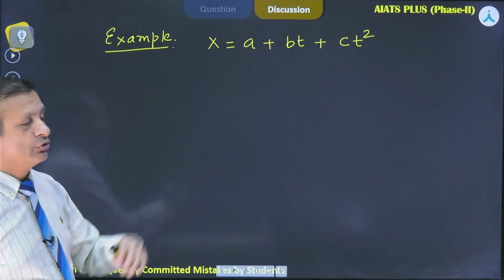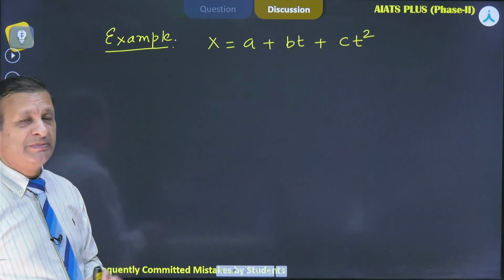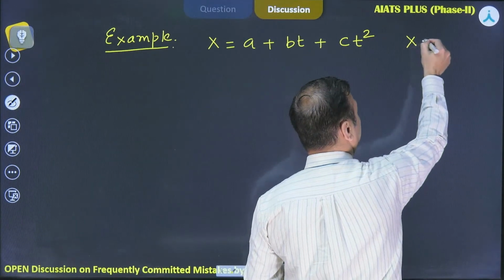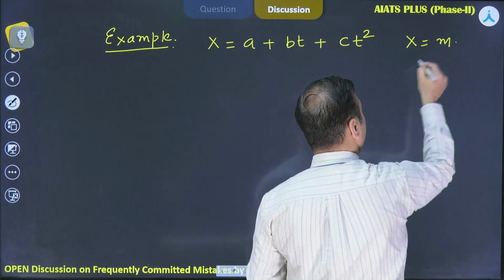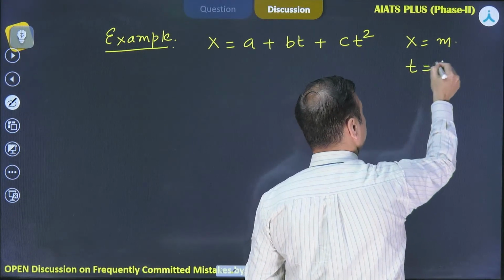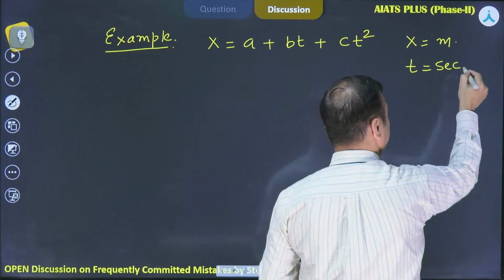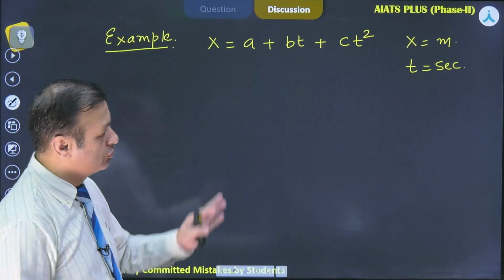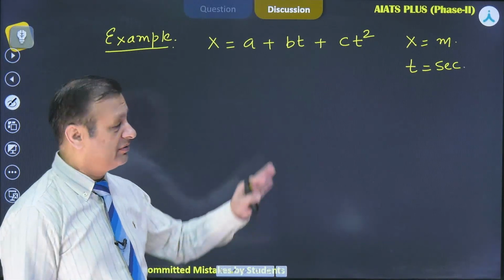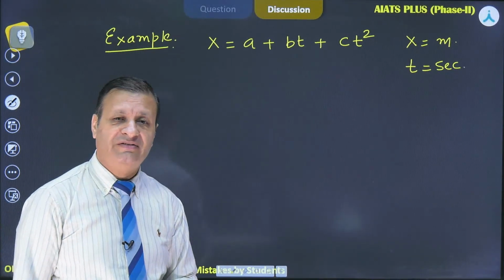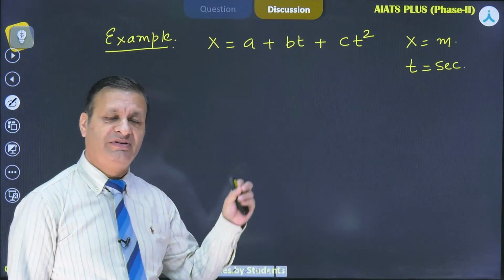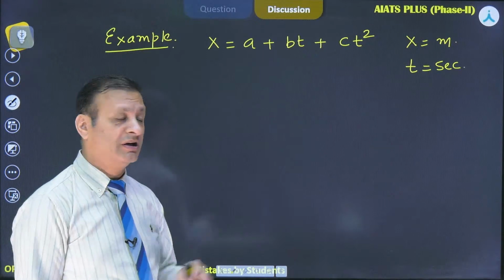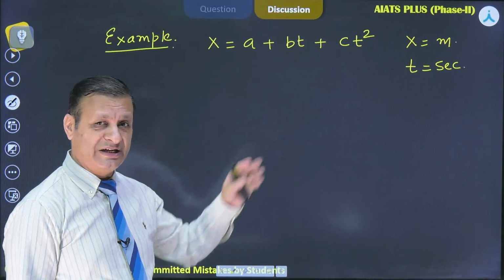So x is given to you as a plus bt plus ct square, where x is defined in meters and t is defined in seconds. Got it or not? So these are the standard SI units, because x is in meters. So x is basically representing the position, and t being time is given in seconds.